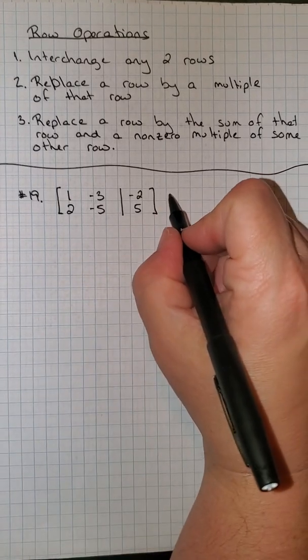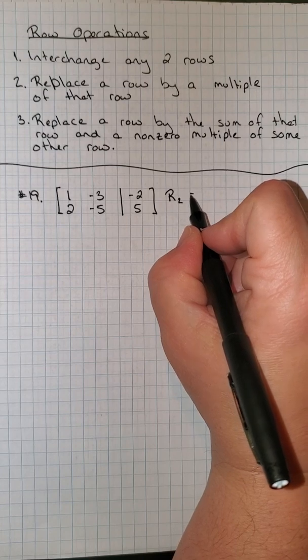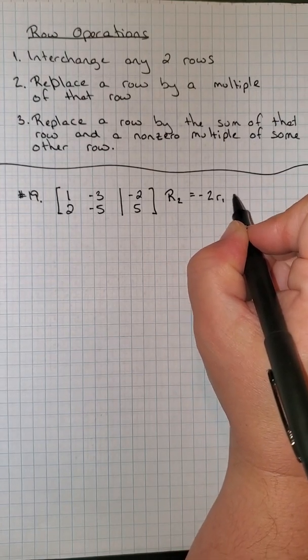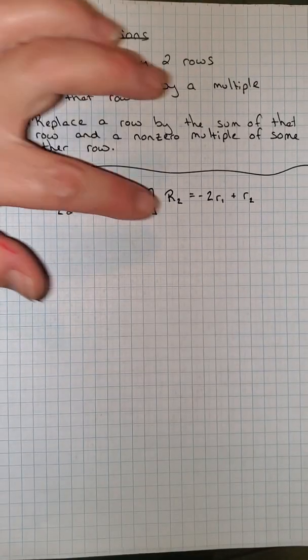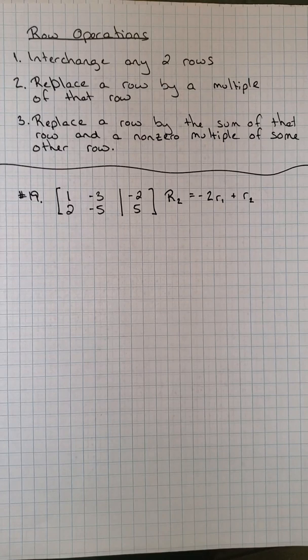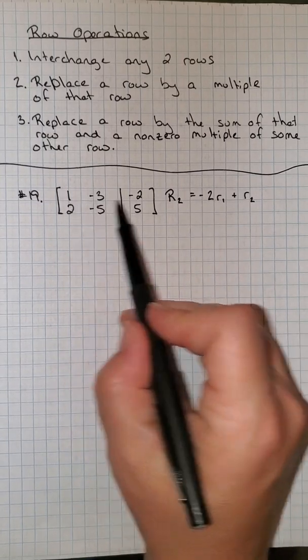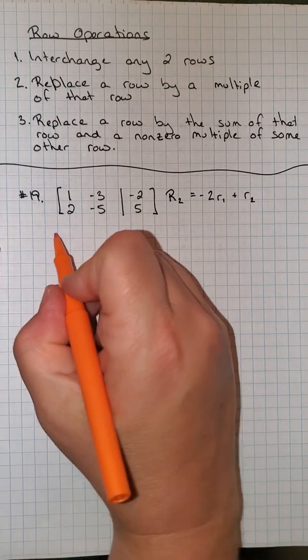So outside you have a capital R sub 2 equals negative 2 lowercase r sub 1 plus r sub 2. The capital is the new one, what it's going to be. The lowercase is the old row. So we're going to be multiplying negative 2 times our original row 1, and then add it to row 2, and we're supposed to write the resulting matrix.